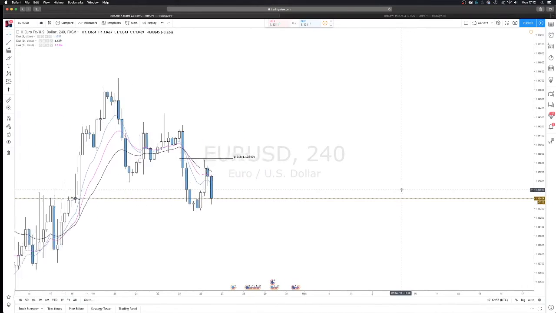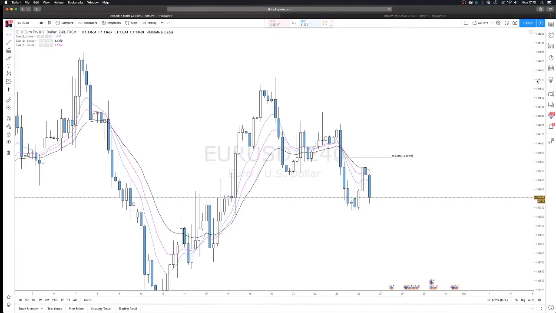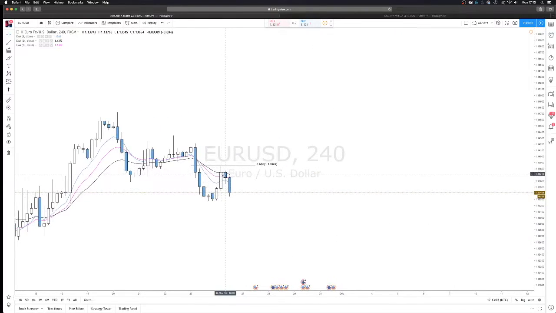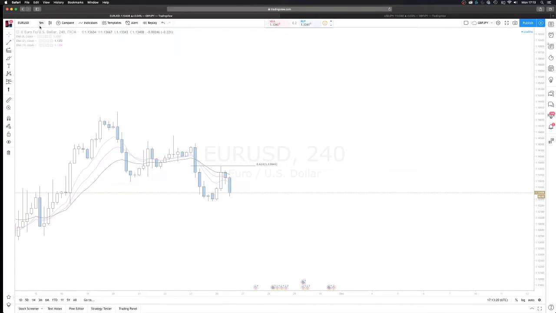Now the 4 hour tells a different story from the 1 hour. So even though price has pulled back up into the 21, when it rejected, you can see that we've still got the EMAs fanning out, which in my mind is still a good indication that price is going to go lower. So when I drop down to the 5-minute chart to look for these entries, and this is the thing I'm developing, is using the higher time frames as well.